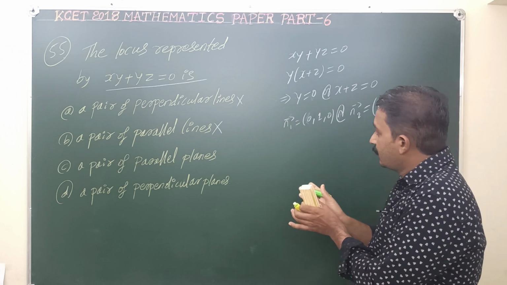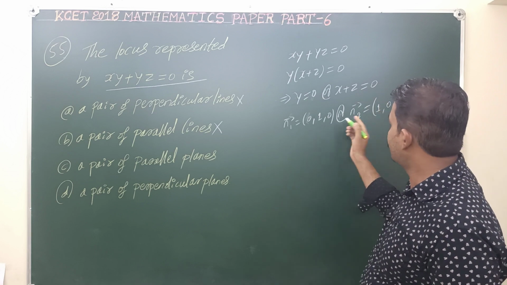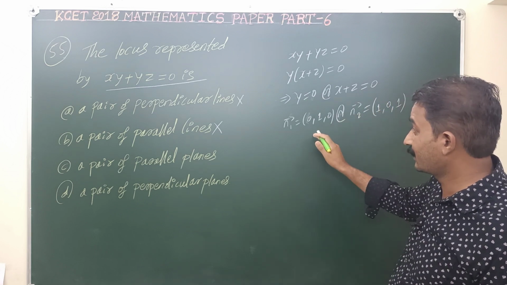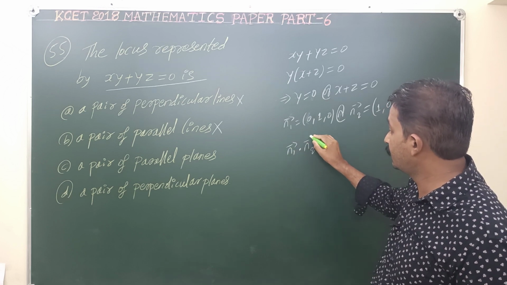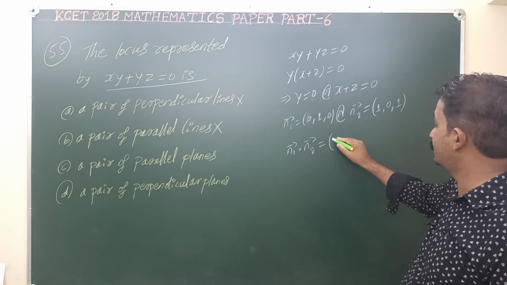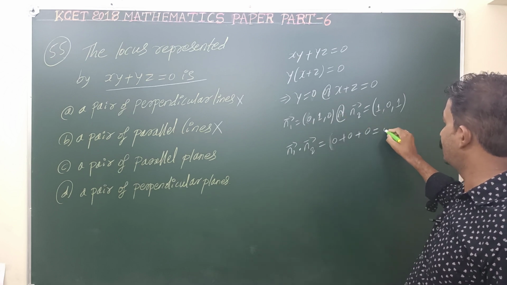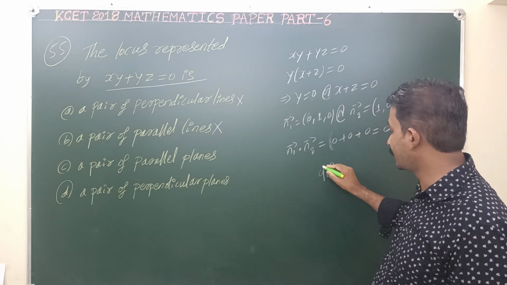So find the angle between the normals. It is nothing but the angle between the planes. So the angle between the normals in this case is 90 degree, because n1 dot n2 is equal to 0: 0 into 1 plus 1 into 0 plus 0 into 1, which is 0. So the angle between the normals is 90 degree, because the dot product becomes 0.